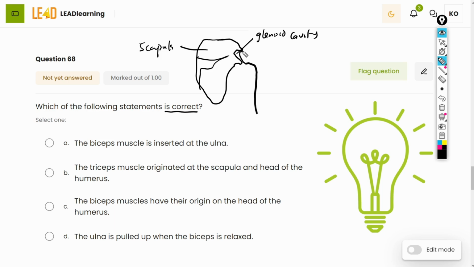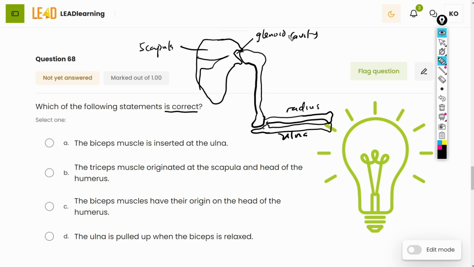So this is the humerus, or the bone of the upper arm, and then the humerus makes contact at the top. So this is the radius, and then at the bottom it makes contact with the ulna.